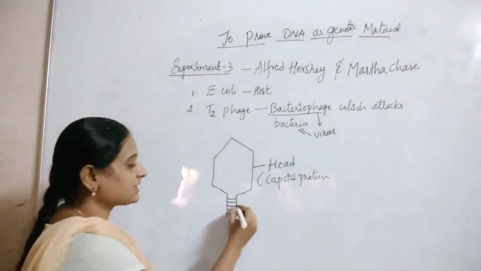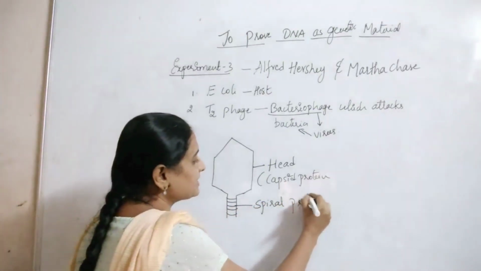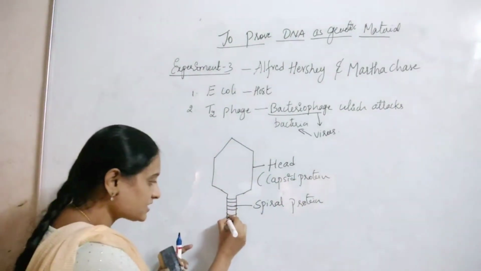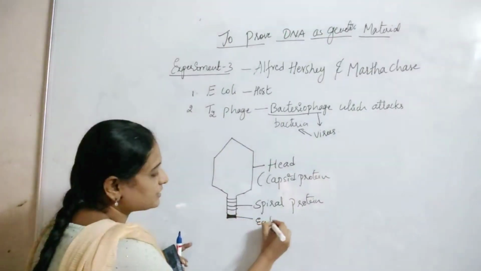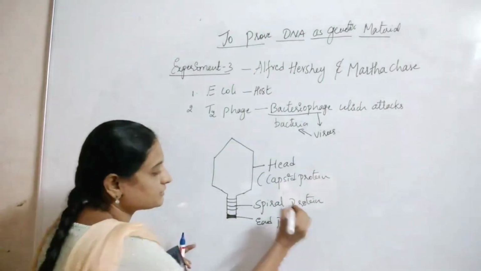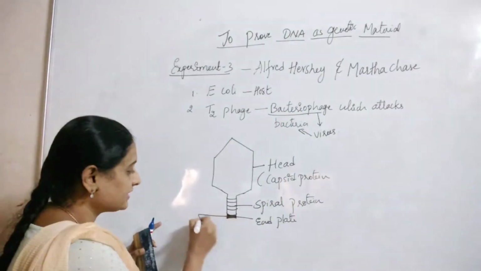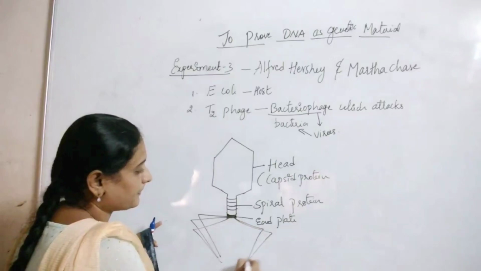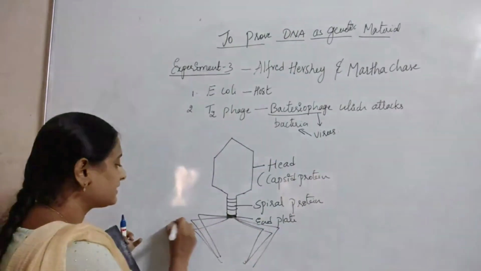This middle piece contains spiral protein. The last part of the middle piece is called the end plate. Attaching to the end plate there are tails.